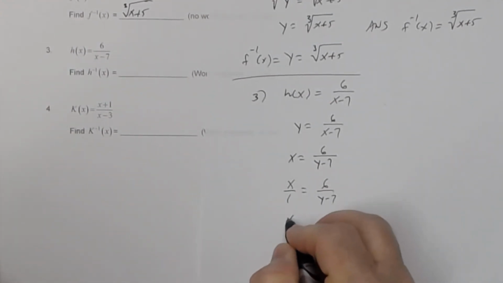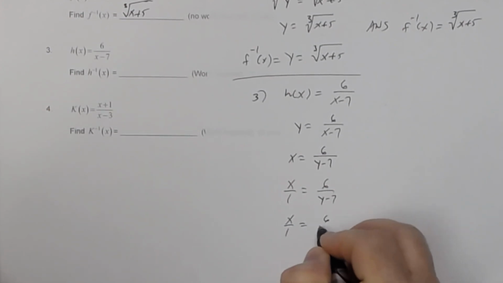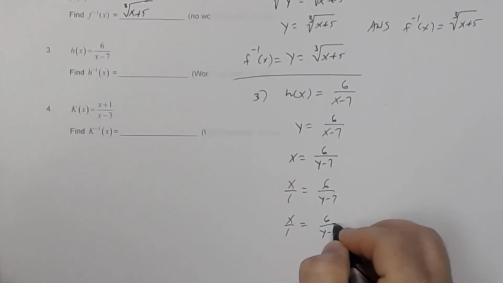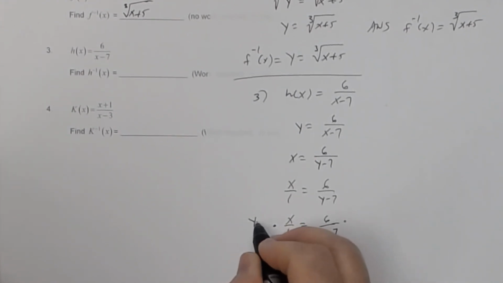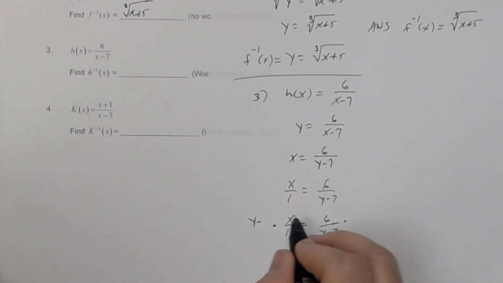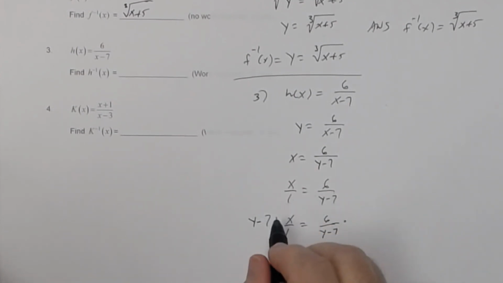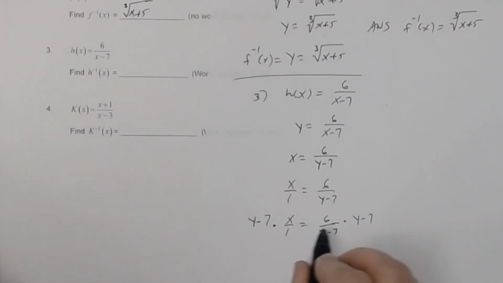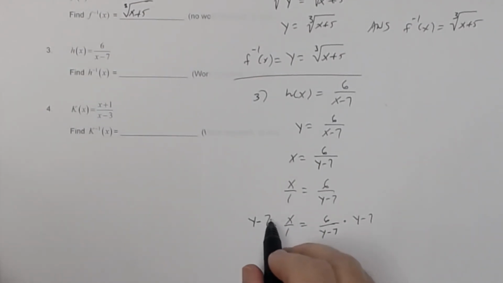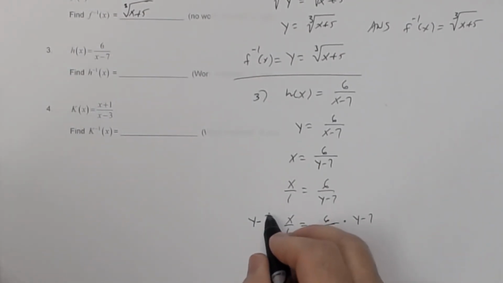At this point, I'm just rewriting this over. Now I'm going to multiply both sides by the least common denominator to clear those fractions. That's something you learned in probably the first week of the semester. And so now I get this, and you've got to be careful here.